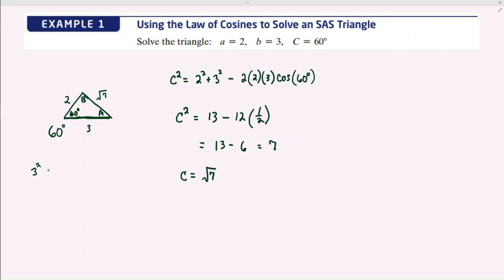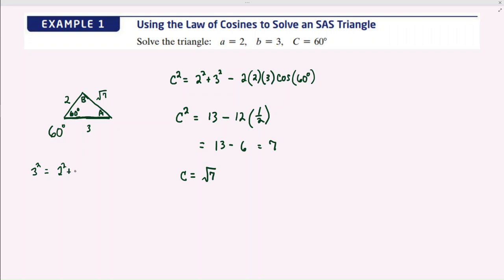So we've got 3 squared on this side. I know at the end of my law of cosines, I'll be putting times the cosine of angle B. So 3 squared is equal to the sum of the squares of the other two sides.